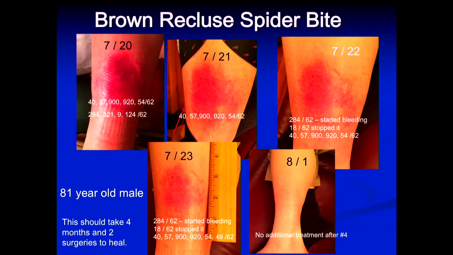He went to the doctor, and the doctor said, yes, that's a brown recluse bite. In 2 weeks, you'll have a wound there, an ulcer, a lesion that is normally 0.5 centimeter to 1 centimeter deep. The toxin dissolves the blood vessels. In 4 weeks, we will do a surgery and clean out the dead tissue.